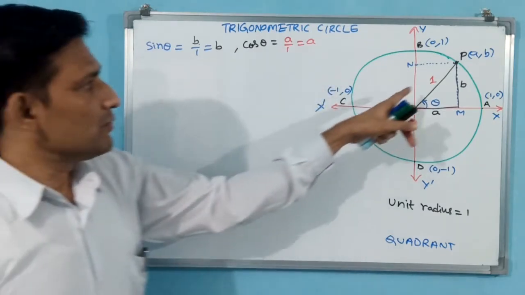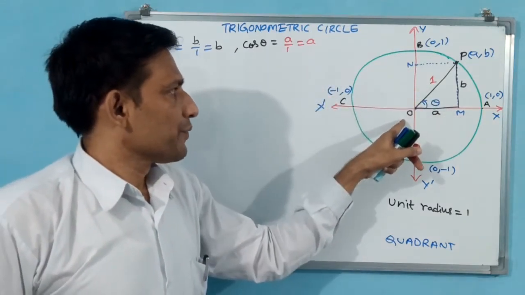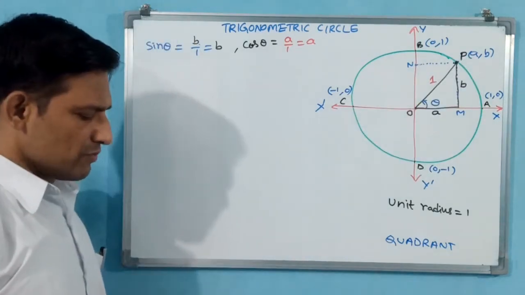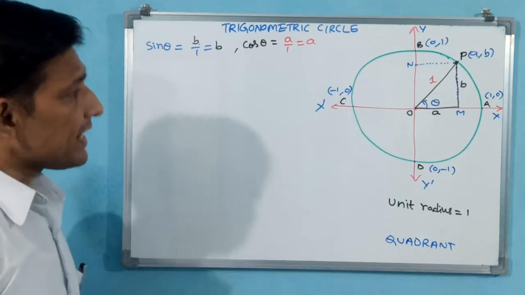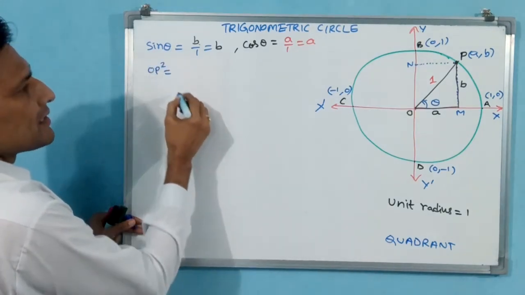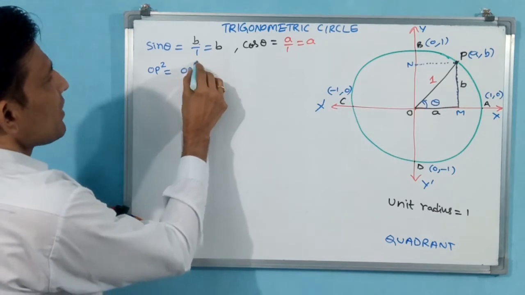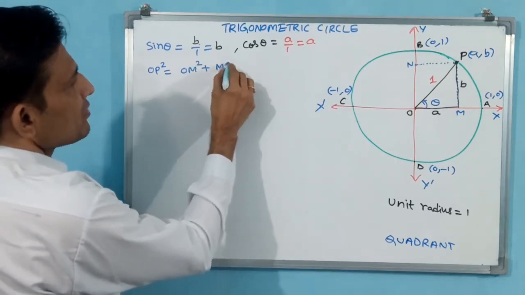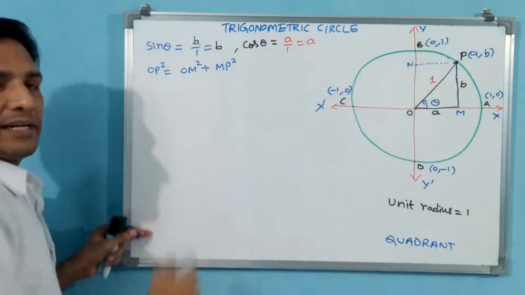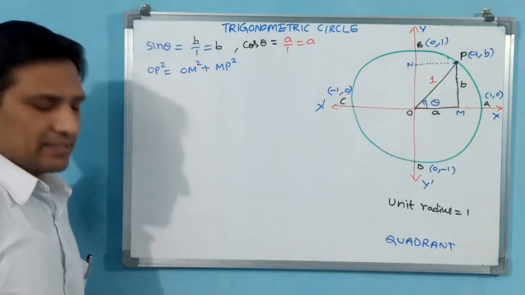Now you see this OP is the hypotenuse. Shall I write like this? OP square is equal to OM square plus MP square. Is it correct? Definitely correct, Pythagoras theorem.